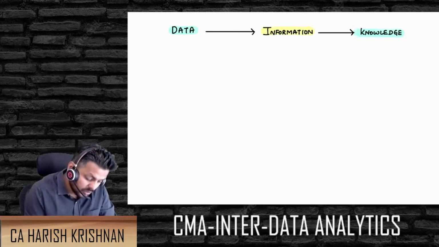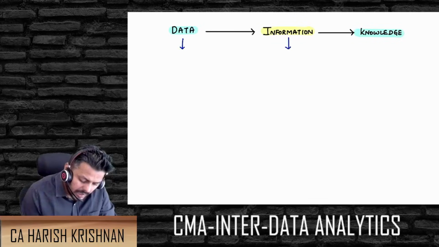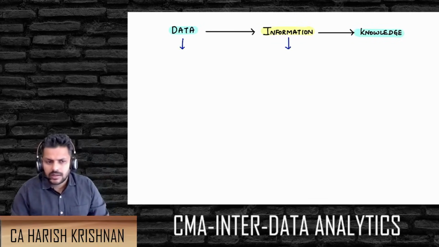While we discuss these, first we have to know what is data. If you see the basic definition, data is a raw collection of facts and figures, nothing more. It is absolutely raw in nature.